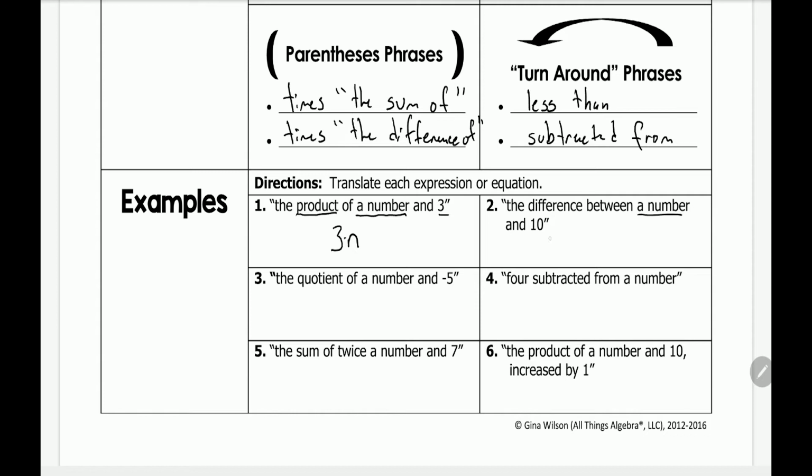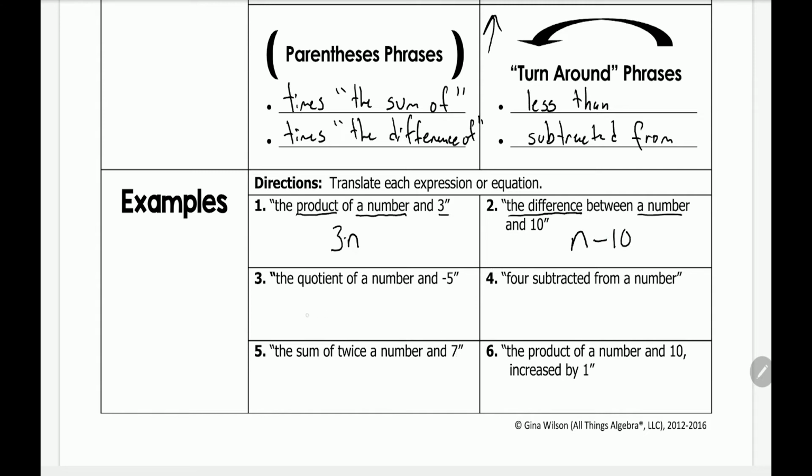Again we're seeing that number, so I'm going to use n again. And it says the difference. If we look up above, difference means subtraction. So the difference between a number and 10 is n minus 10.